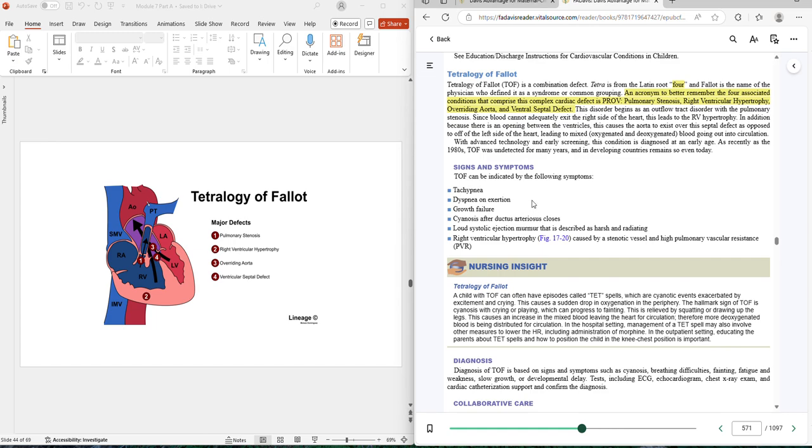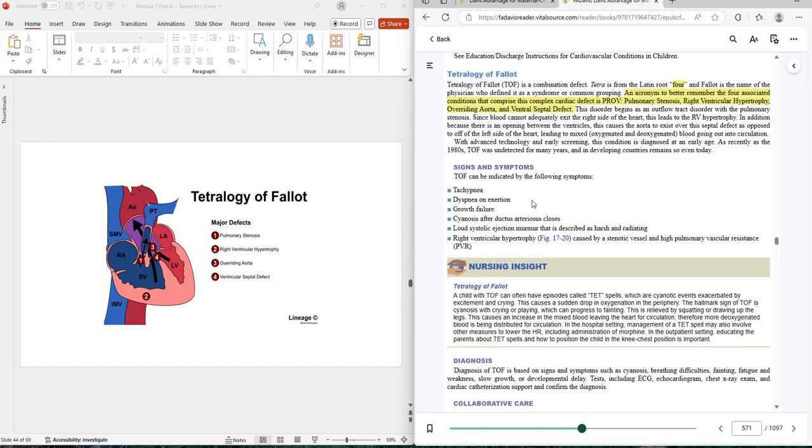Some signs and symptoms are tachypnea, dyspnea, growth failure, cyanosis, a loud, harsh, radiating murmur, and then of course the hypertrophy, because they have that stenotic vessel and there's high pressure. So remember, always the louder the murmur, the smaller the hole. The softer the murmur, the larger the hole. Okay? So they have a loud murmur. That means it's a small hole.